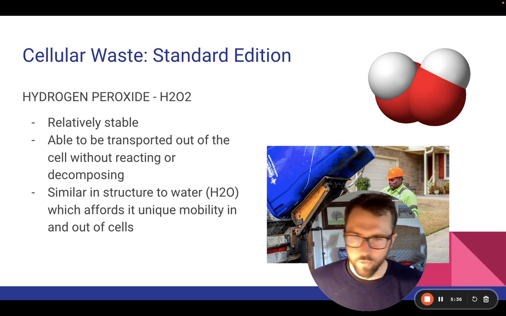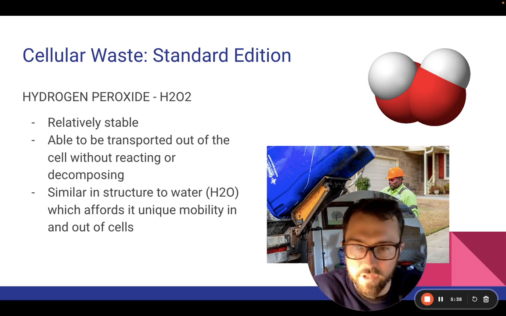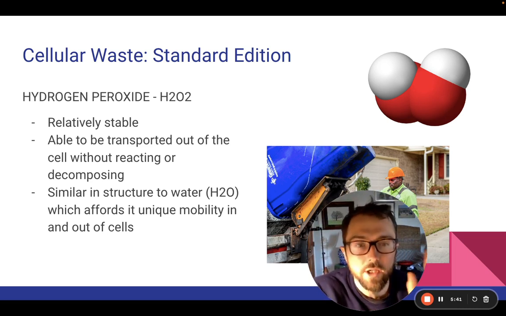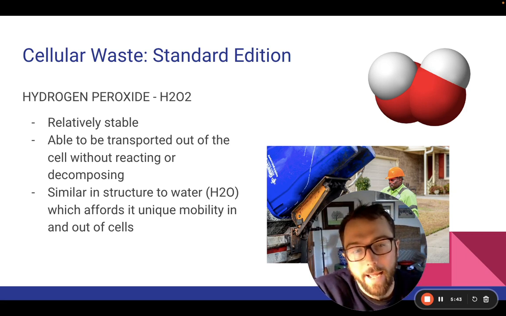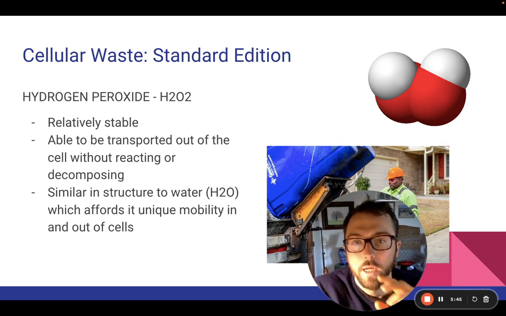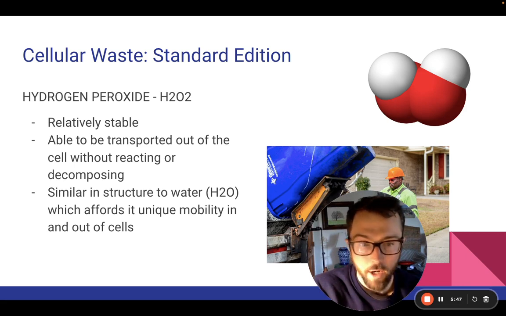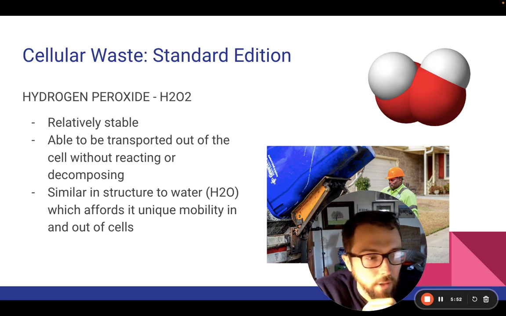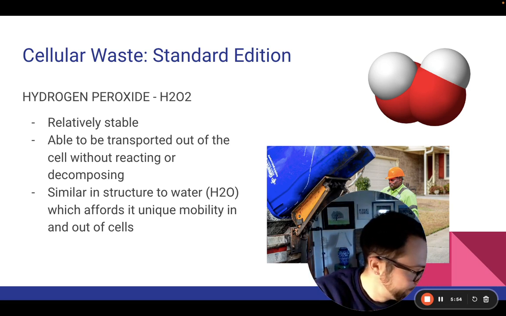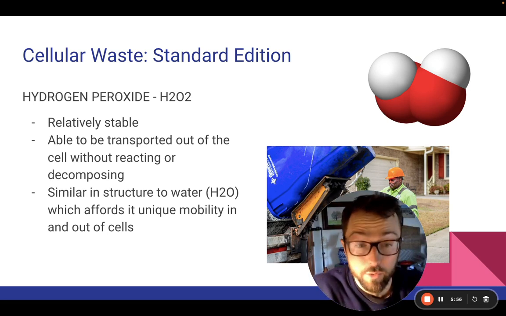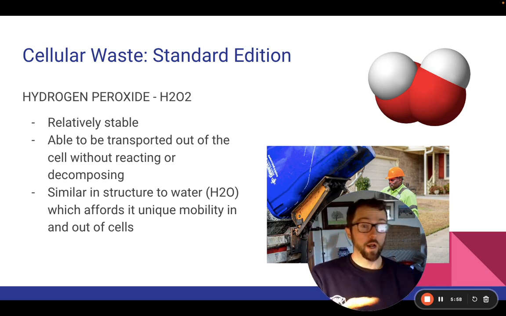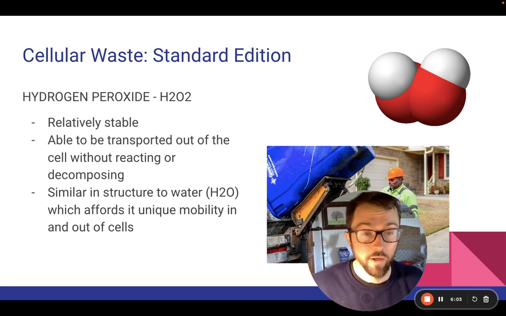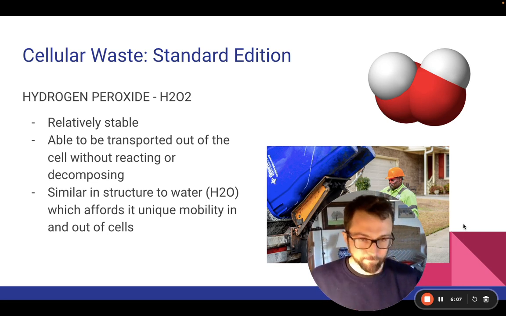And water obviously moves freely in and out of most cells. So this is the perfect way to package cellular trash because it's not going to cause any harm, right? It's like the equivalent of a disposable bag in your trash can. That way you can wrap it up, prevent any spills, give it to the trash man, like you see here, and it can be taken care of responsibly.